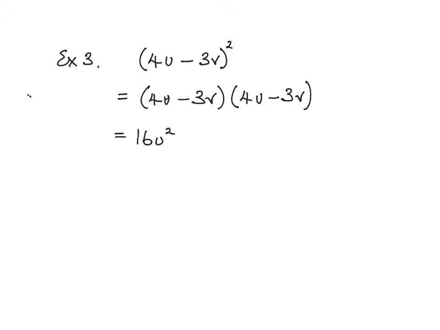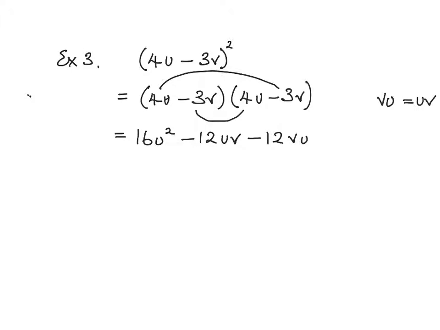I have a 4u times a minus 3v, so 4 times minus 3 is minus 12, u times v is uv. Minus 3 times 4 is minus 12. Now, I could write that as vu, but hope you remember vu and uv are the same.